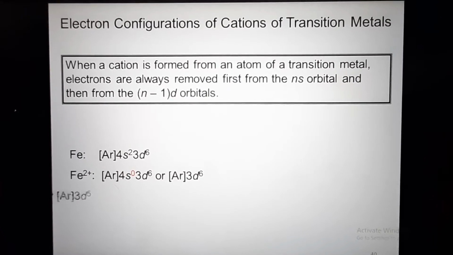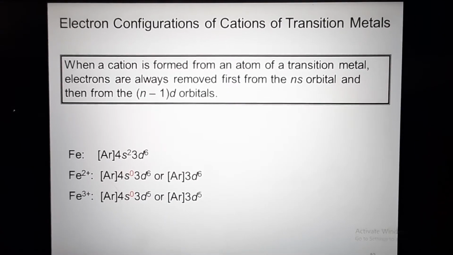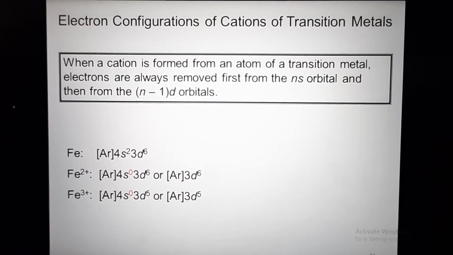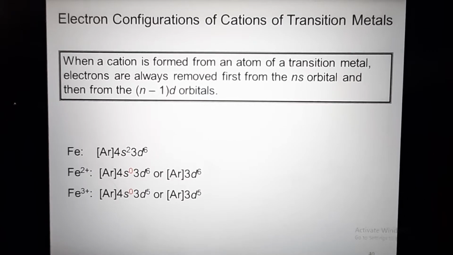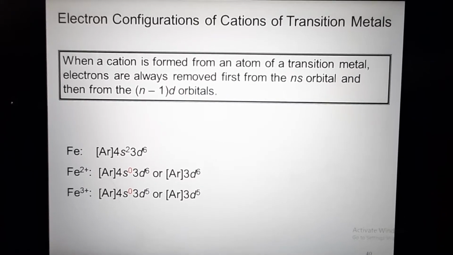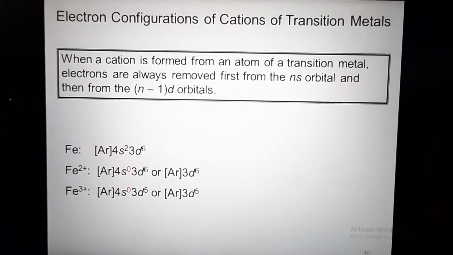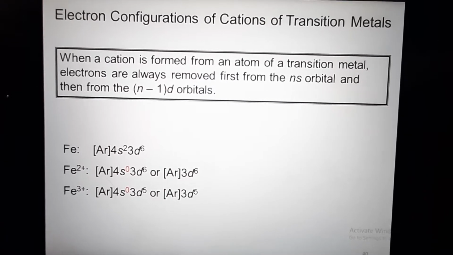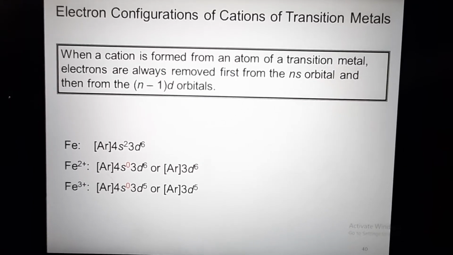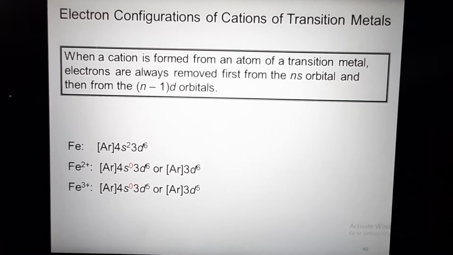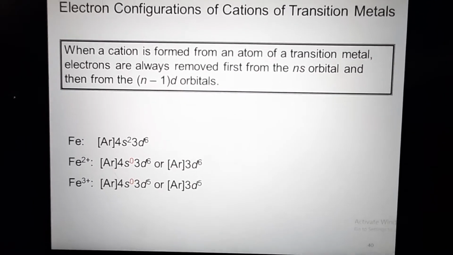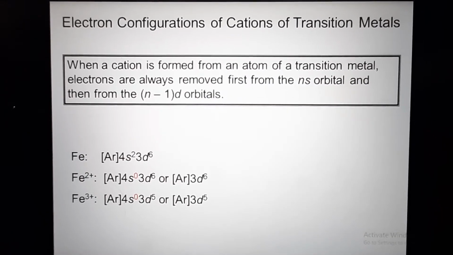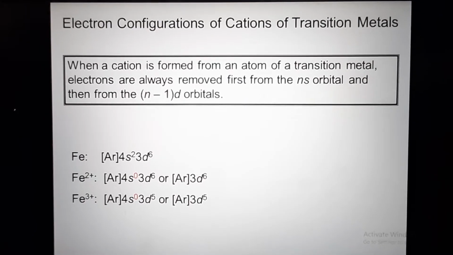But like I mentioned, they can also lose an additional electron from the d orbitals, and that would make it iron 3 positive with 4s0, 3d5, because 5 would be half of 10, so that every electron would have its own individual orbital and no one would have to share. So depending on the situation, iron can take a 2 positive or a 3 positive charge.